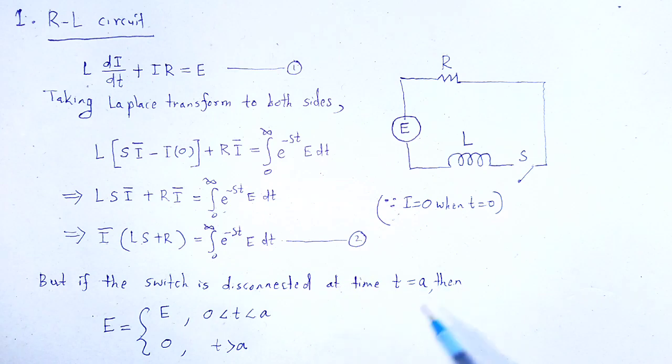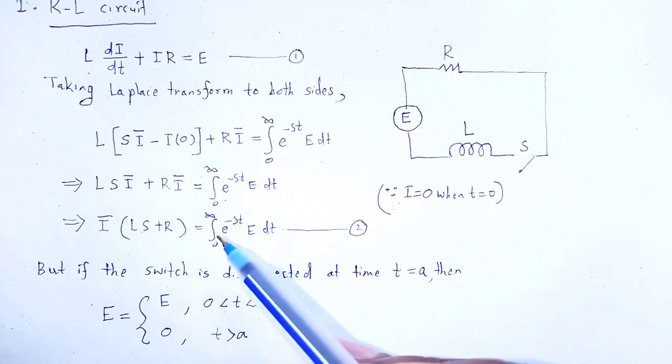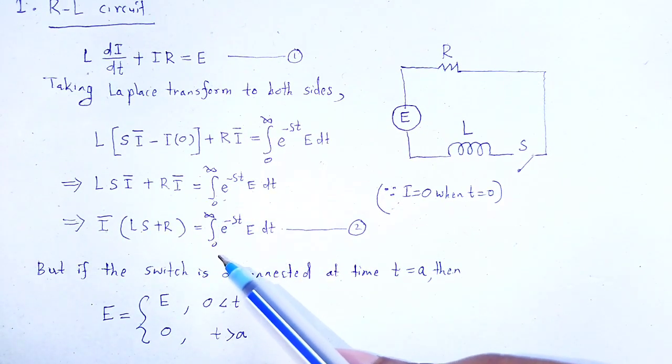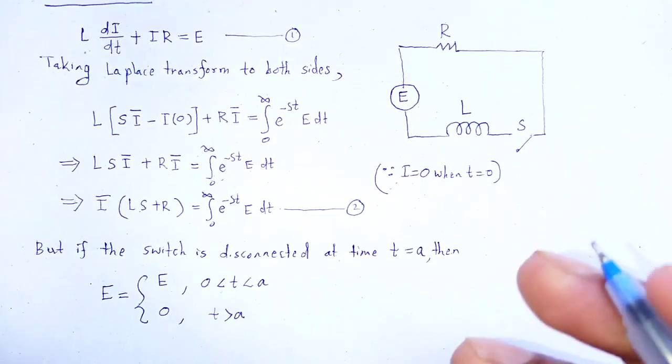So, equation 2 now changes, with the limits 0 to infinity split as 0 to a and a to infinity.